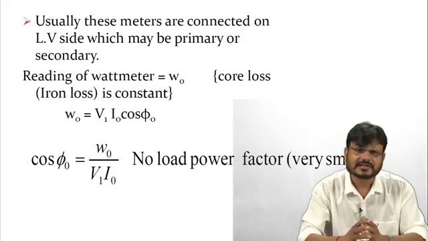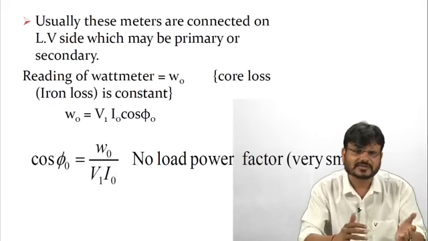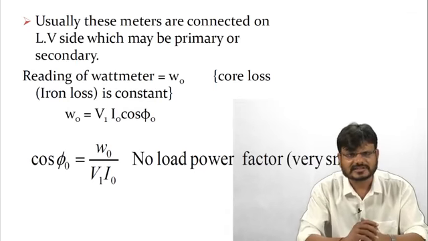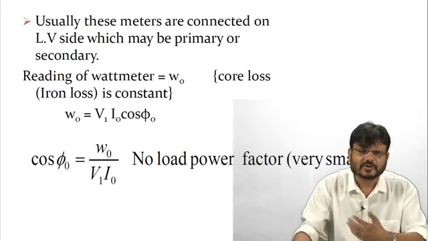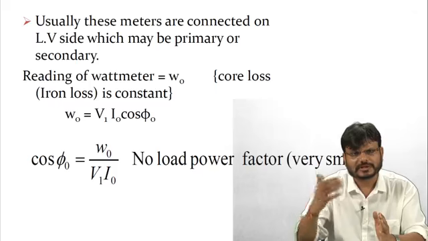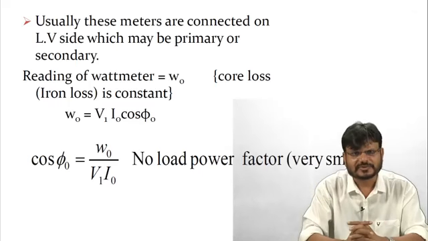If it is a step down transformer, then the high voltage side will be called the primary winding and the low voltage side will be called the secondary winding. So when you want to perform this open circuit test, you always have to apply the rated voltage on the low voltage side, and keep the high voltage side open circuited.